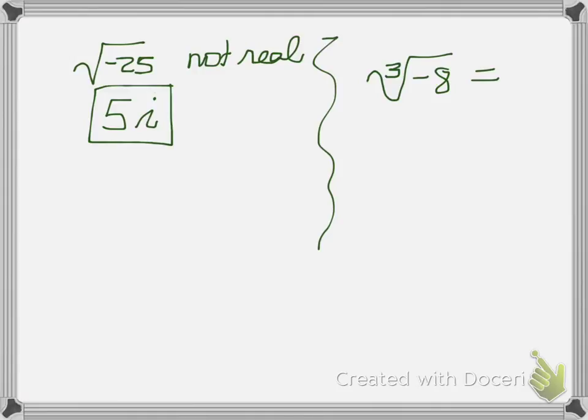Over here, if I said, oh, that would be negative 5, it's not true, because a negative times a negative makes a positive. Doesn't work right here. That's why we call that the imaginary unit, 5i. But over here, it's possible. I can take the cube root of a negative number, and I just happen to get a negative number. So the cube root of negative 8 is negative 2. So y'all be careful with those, okay?